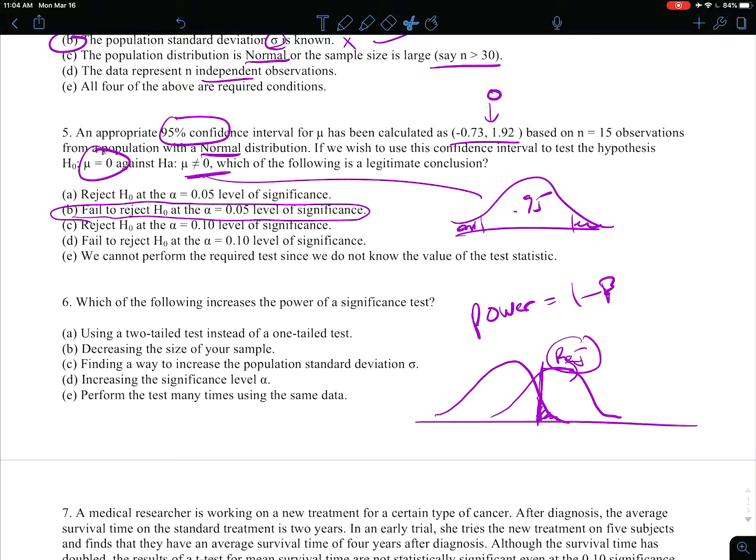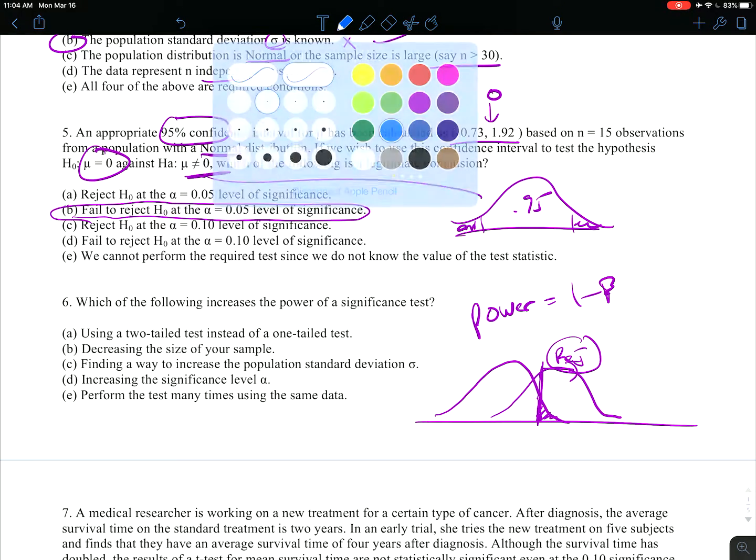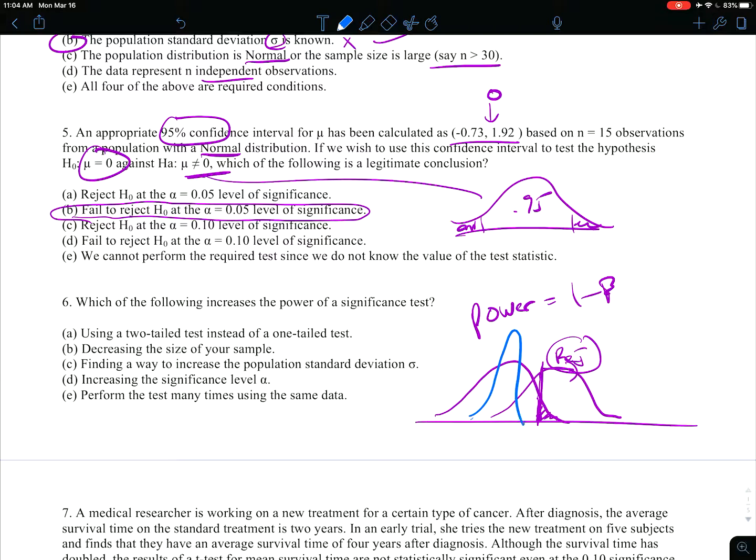Increasing n is also another way to increase the power, because that's going to make these distributions, if the first one is here, and then the second one is here, now the distributions themselves, while not changing anything else, there's less overlap, they are more distinct, and therefore you are going to correctly reject a false hypothesis if n is large, if you have a lot of information. So all of those things go into it.